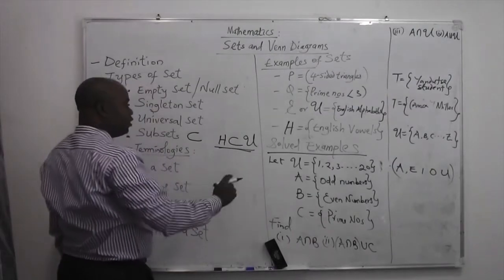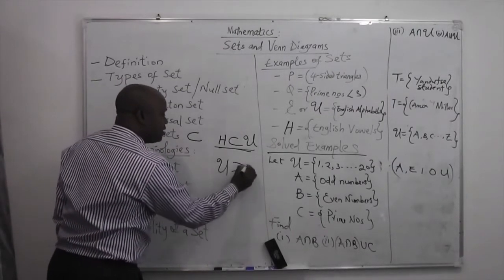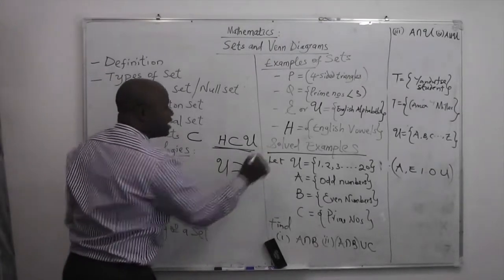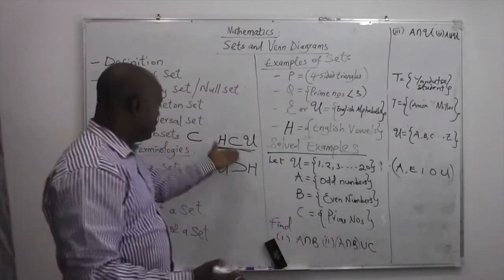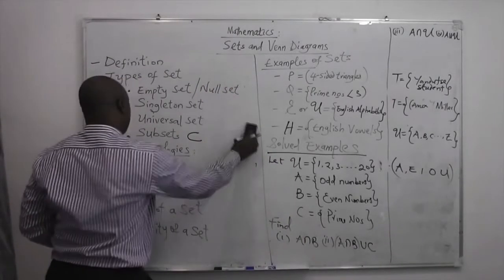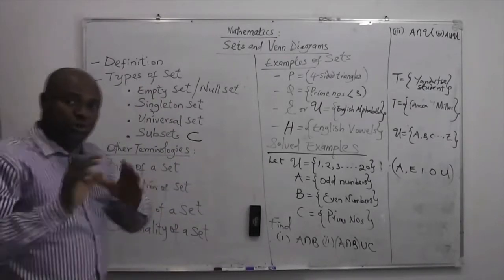Or, if you want to put it the other way, you can say the universal set contains H. Both of them are saying the same thing, but at the level of secondary school, your level, this is what you are likely going to be saying from time to time. Now let's move on to other terminology. Because of time, we're not doing revision.